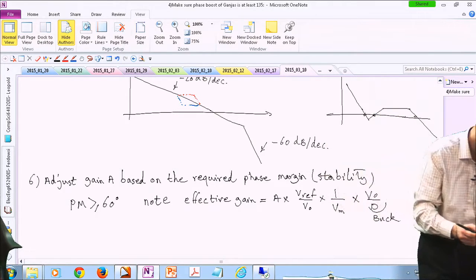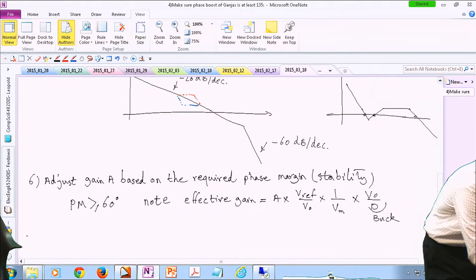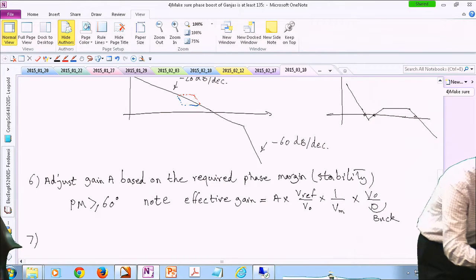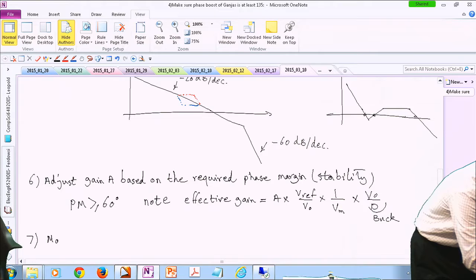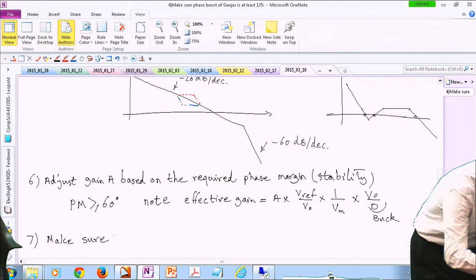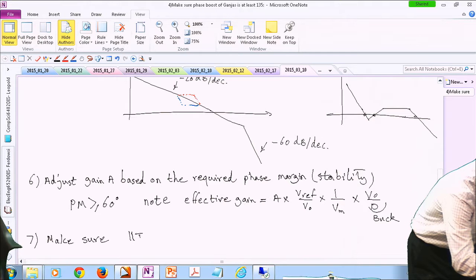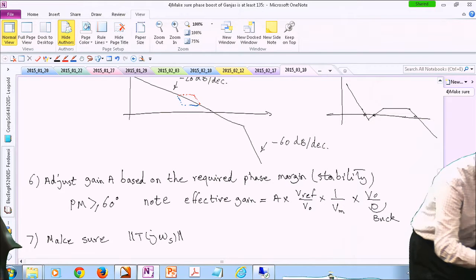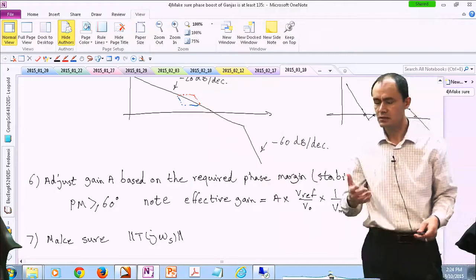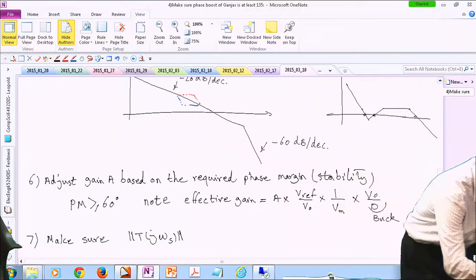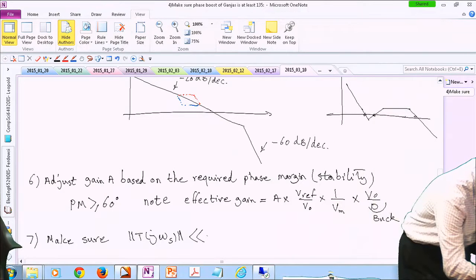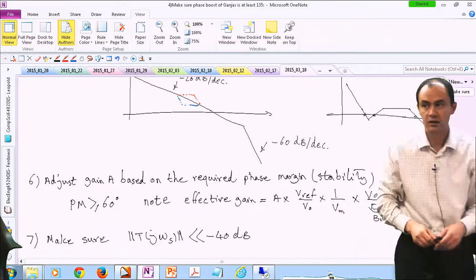And then number 7 is we have to double check and make sure that our loop gain evaluated at the switching frequency in radians per second is very negative. For instance, negative 40 dBs.